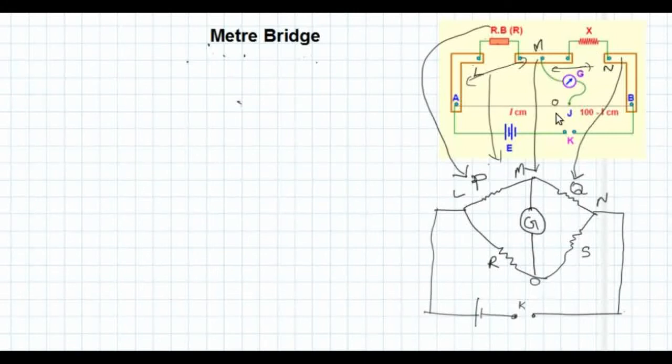Then the point O is the point where the jockey will be touching the wire. I told you that this jockey can be moved over this wire. So the point O in the Wheatstone's bridge is fixed, but the point O in the meter bridge can be varied. So the point O can be varied means the resistance can be varied.